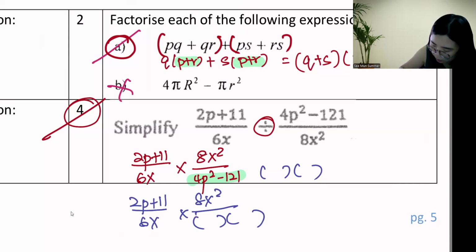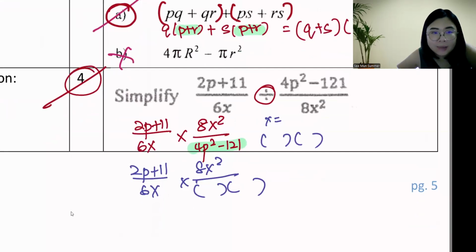X equals to, you all got it? Convert the below into quadratic mode, split into 2 brackets. Yes, good. So the answer is 11/2 and minus 11/2.